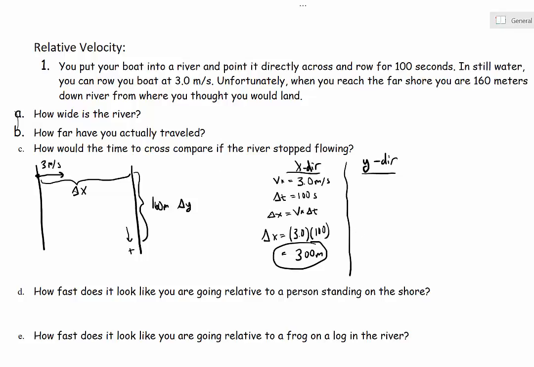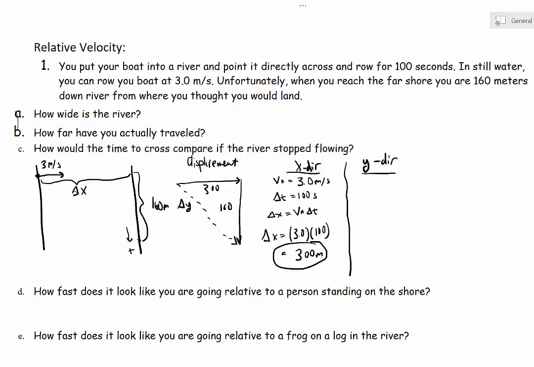When I look back at the situation here, I actually ended up down here. So my displacement, put on here displacement, what does that look like? I went in this direction 300 meters, I went in this direction 160, and I want to find how far I actually went.